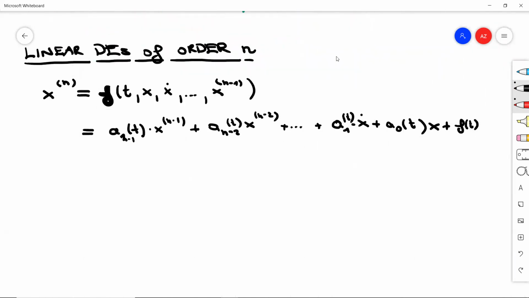Those a_i(t) are just coefficients, they are functions. The non-homogeneous part f of t is also a function.